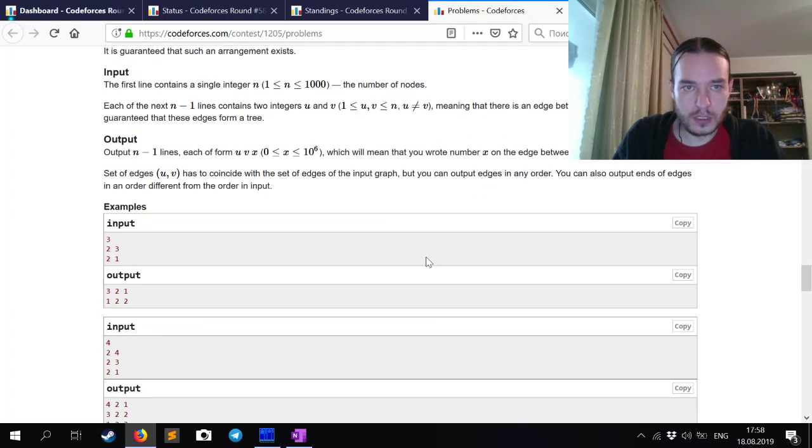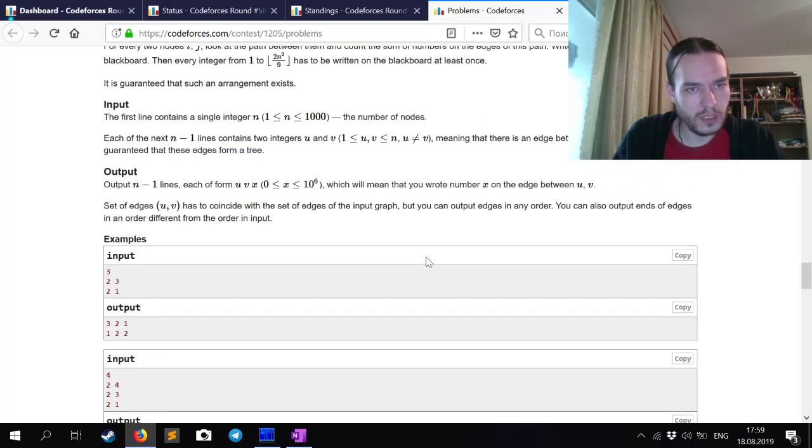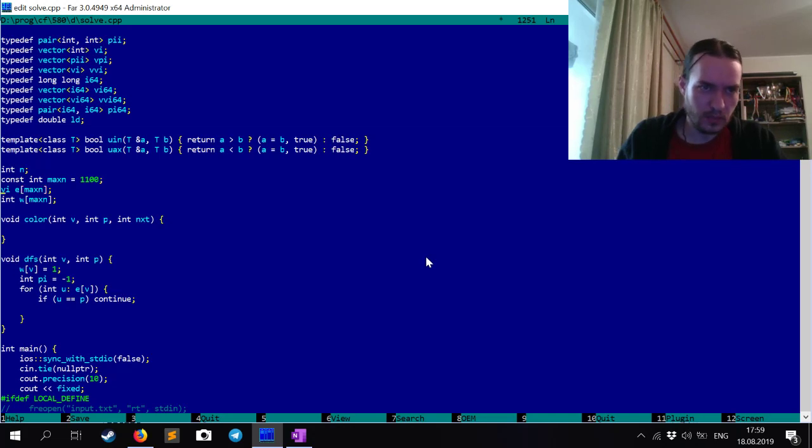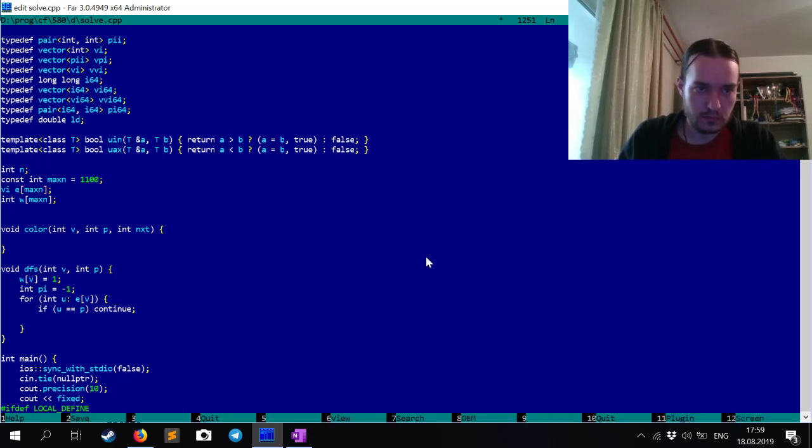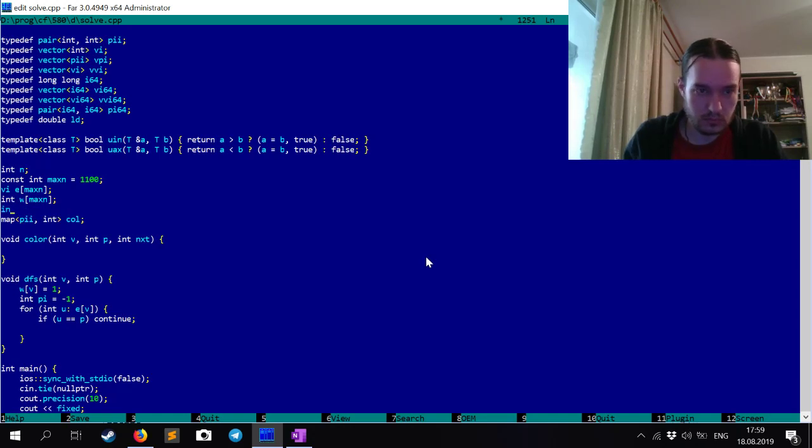And we also have to... Oh, we can rearrange the edges. That's nice. How about we just go like this?